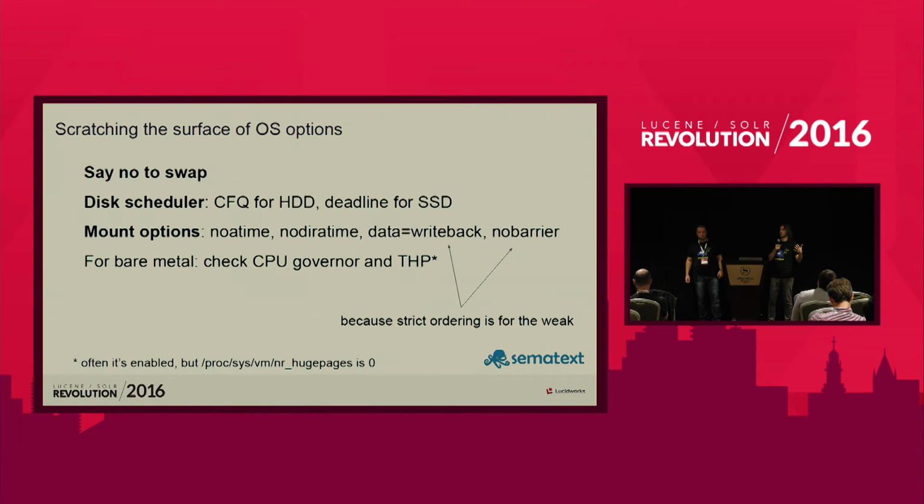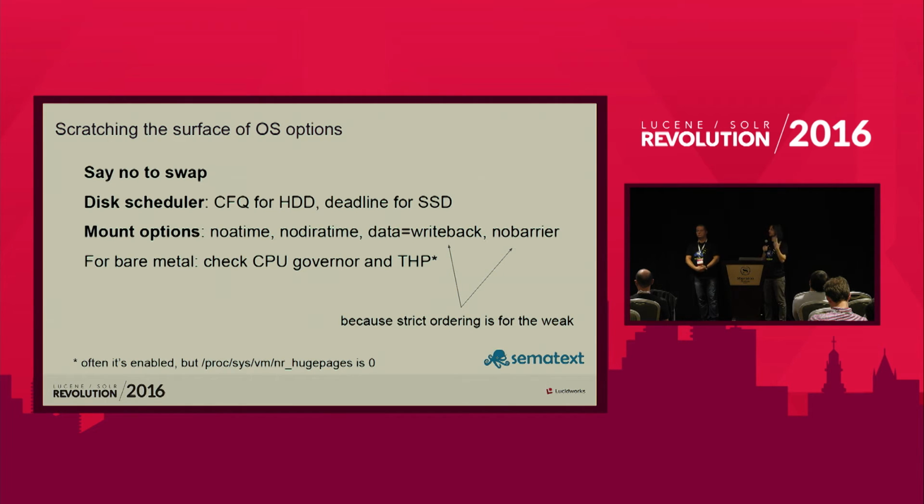Moving on to the operating system, obviously you don't want your instance to swap, so you need to disable that. Disk scheduler depends on what kind of drives you're using. The default on Linux is completely fair queue, which kind of serializes writes. This is good for spinning disks, but if you're on SSDs, you'll need to use either deadline or noop to get more IOPS.